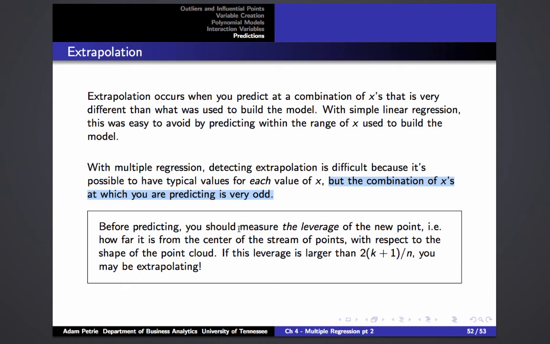Well, we actually measure the leverage of the point that we're trying to make our prediction at. Remember, the leverage is how unusual that point is with respect to the shape of the predictor data cloud. It tells you how far away it is with respect to the way the data has been collected here. And if that leverage is large, then you may be extrapolating.